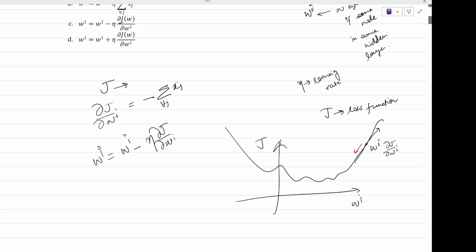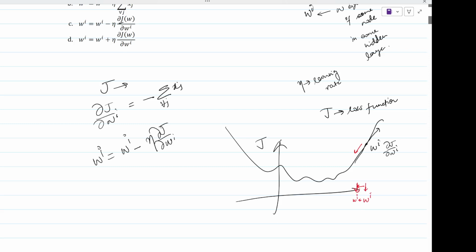From the wi value here, you take learning rate times that, and you move your wi to this value here.